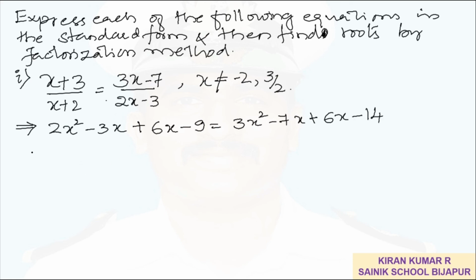Now this should be simplified. What I prefer doing is, I will first simplify the left hand side. This −3x + 6x is +3x, so 3x − 9 = 3x² − x − 14.